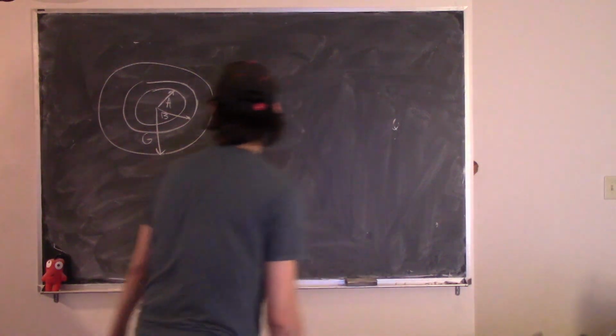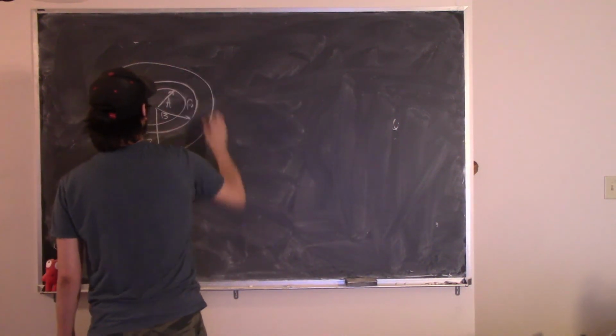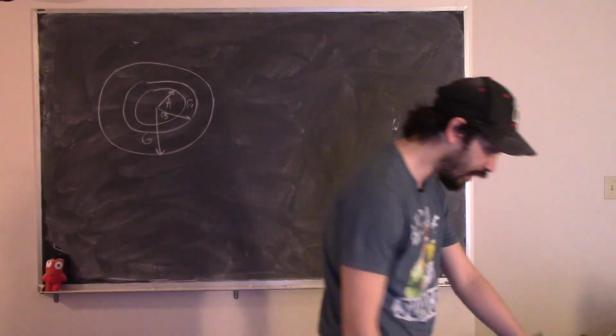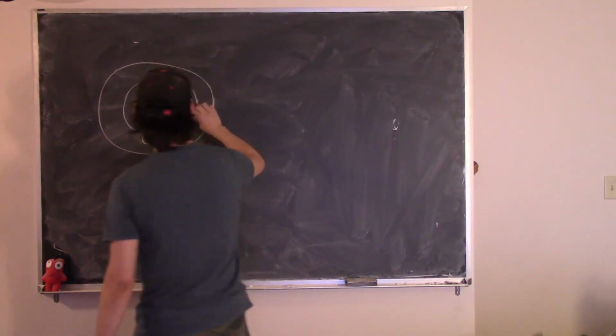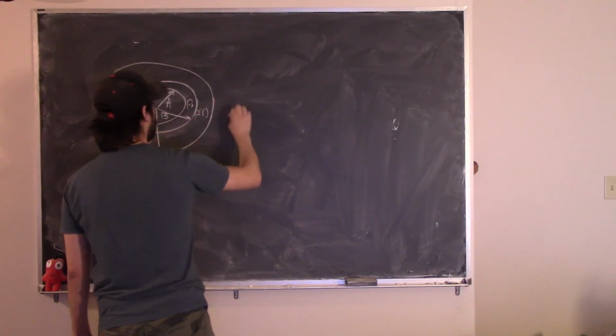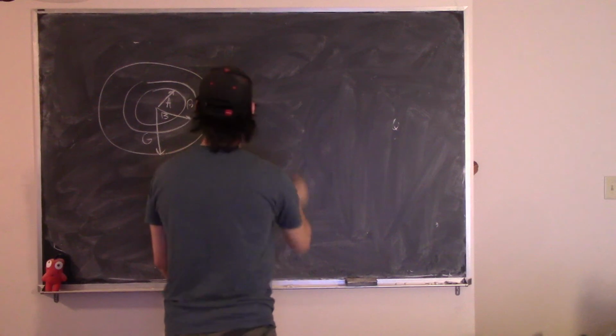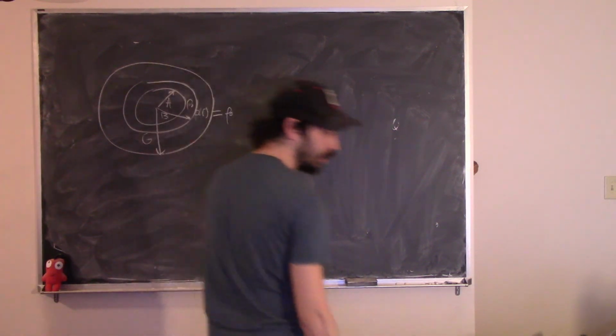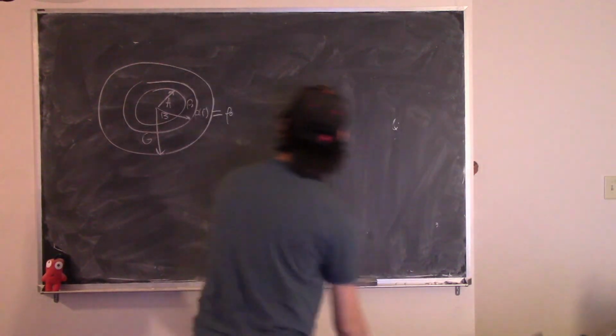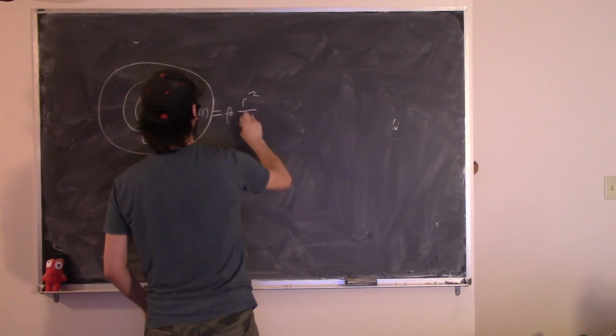Yes, this one's a constant. And then the one on the outside is some function, rho as a function of r, which is equal to rho 0 times r squared divided by g squared.